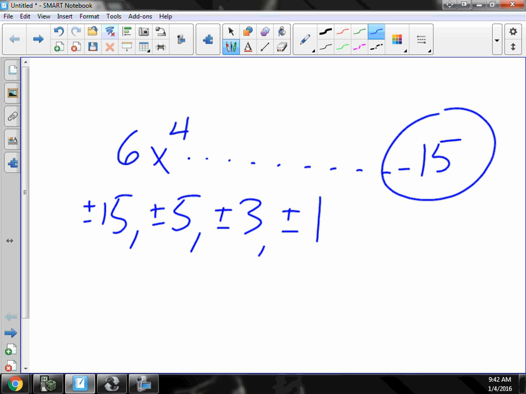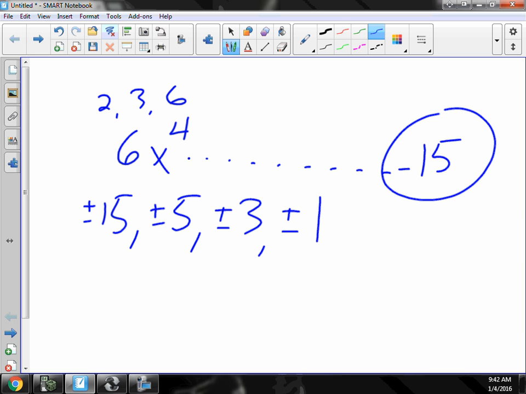But because there's a leading coefficient of 6, you could also have fractions. So we look at the factors of 6, which are 2, 3, and 6, and we divide each of those by 2, 3, and 6.